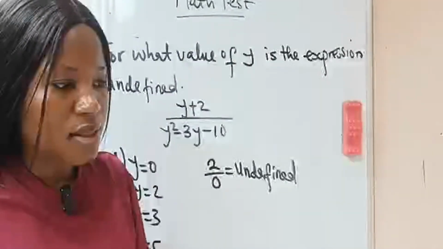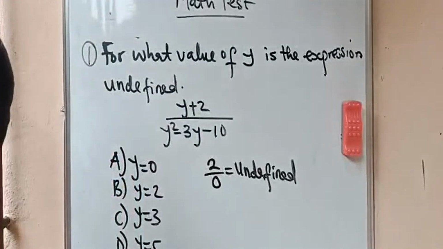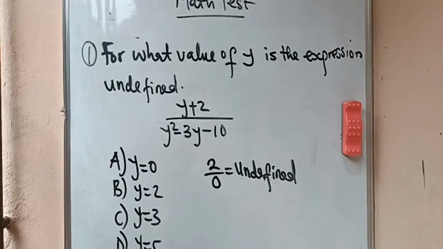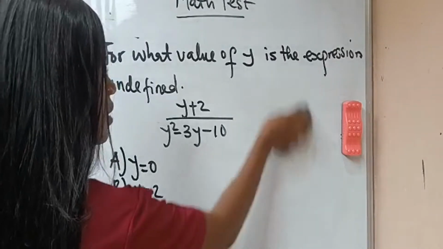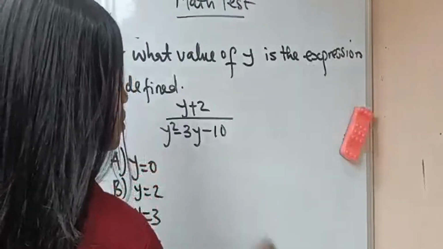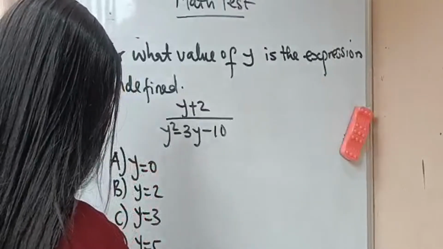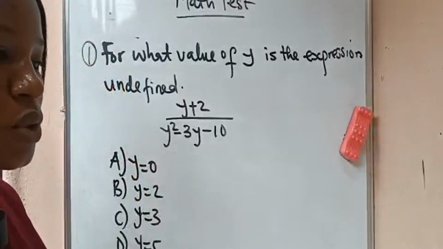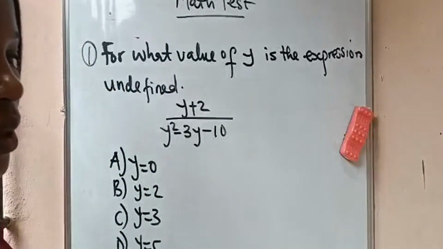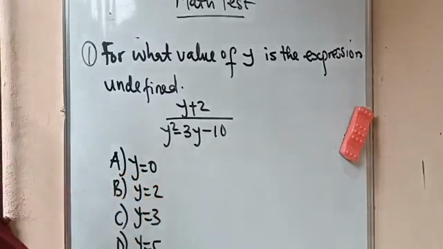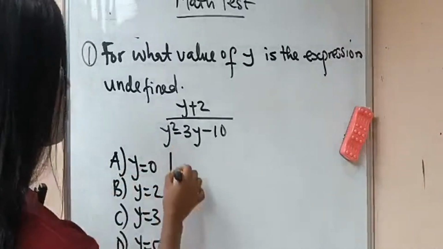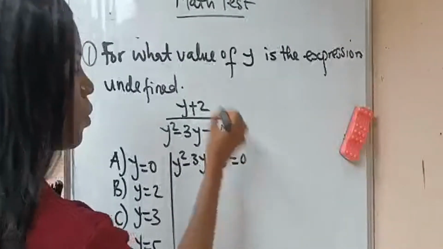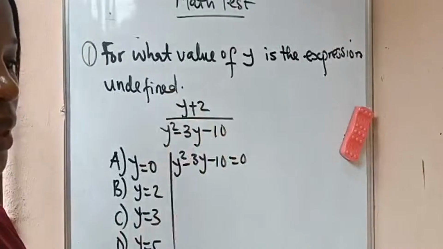That simply means we need to equate the denominator to 0. So we're going to equate y squared minus 3y minus 10 to be equal to 0.